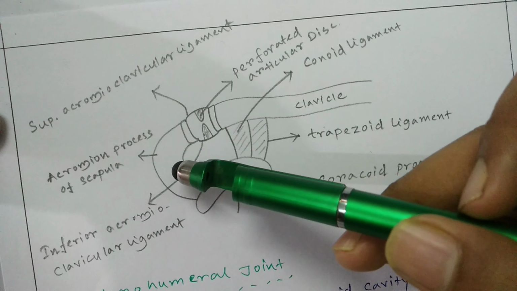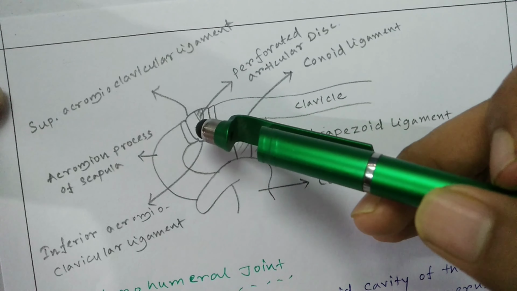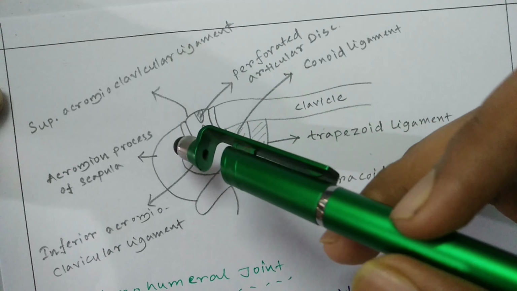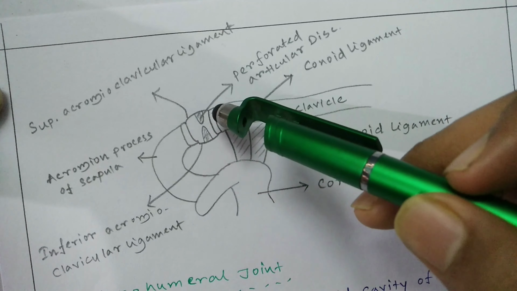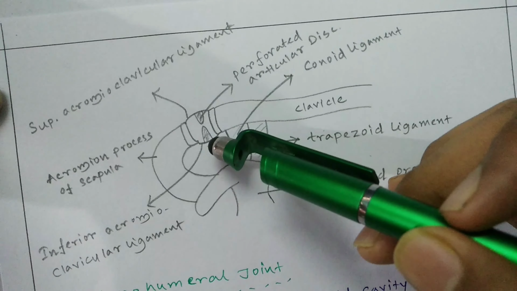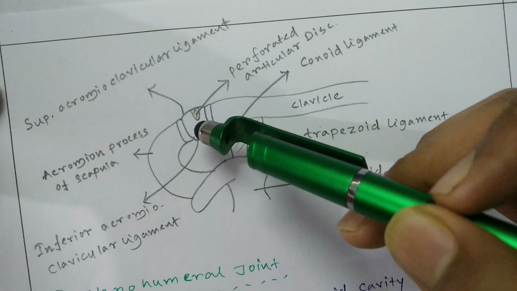The ligament that attaches the acromion process of the scapula and the clavicle is called the acromioclavicular ligament. That is the superior acromioclavicular ligament, and there is the inferior acromioclavicular ligament, and those are the perforated articular discs.